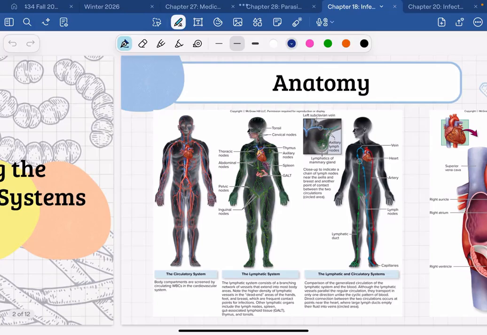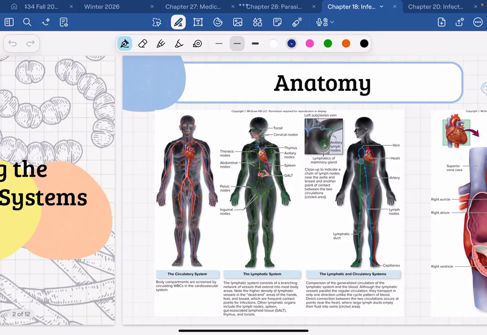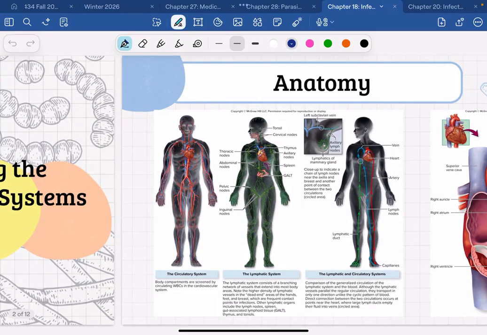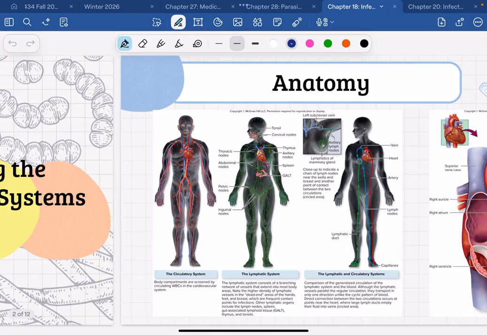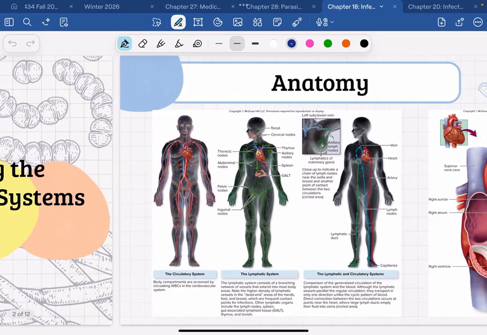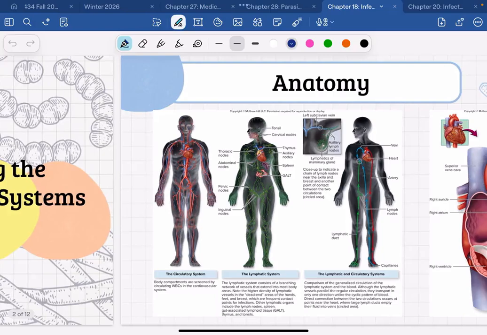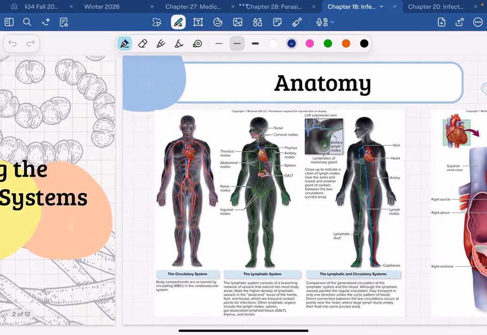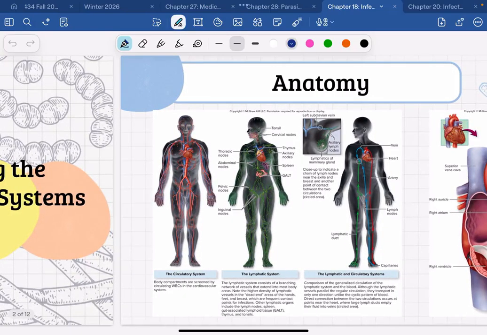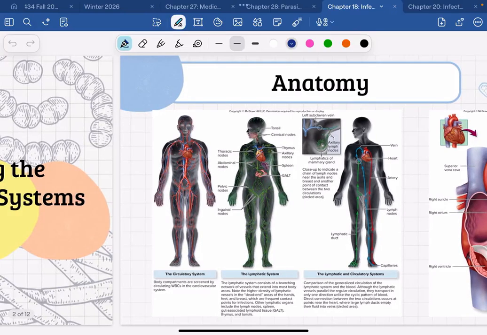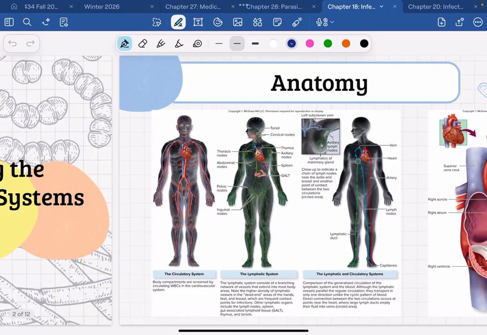But the lymphatic and circulatory systems are both parallel systems. There are a series of vessels that travel all the way through your body to all of the different tissues within your body. Both of these systems, as they are naturally, are what we call closed systems, which means that there's no actual natural portal of entry or portal of exit.